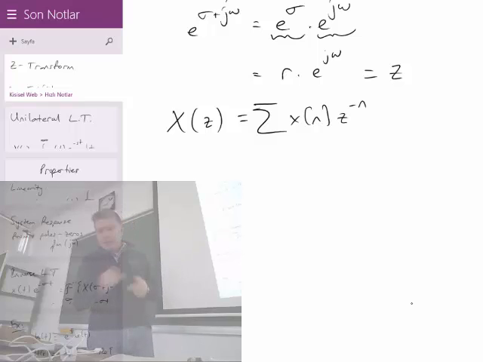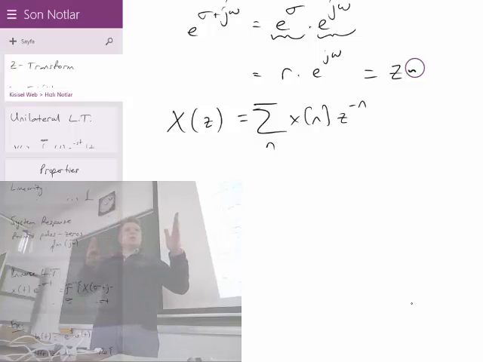You see that this summation will induce some z polynomials, z to the minus n for all n. Suppose that x of n has finite duration. It starts at n equal to 0 and ends at n equal to 10, for instance. Then what kind of an expression does x of z have?